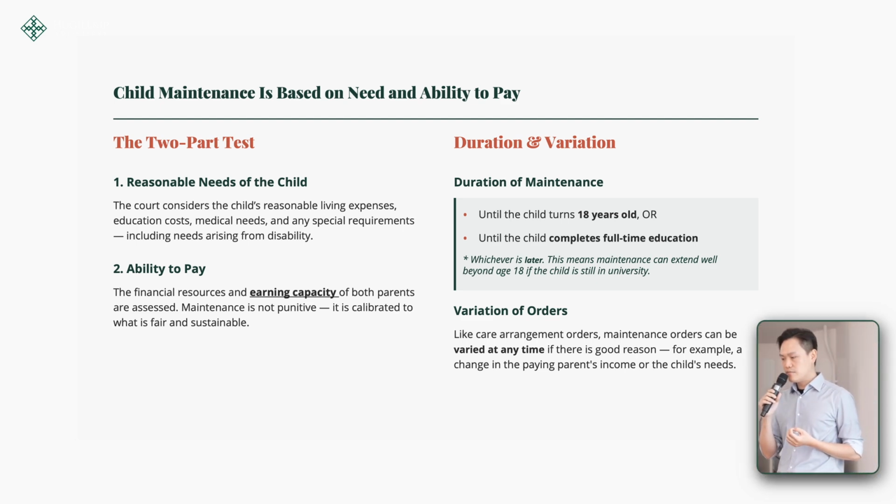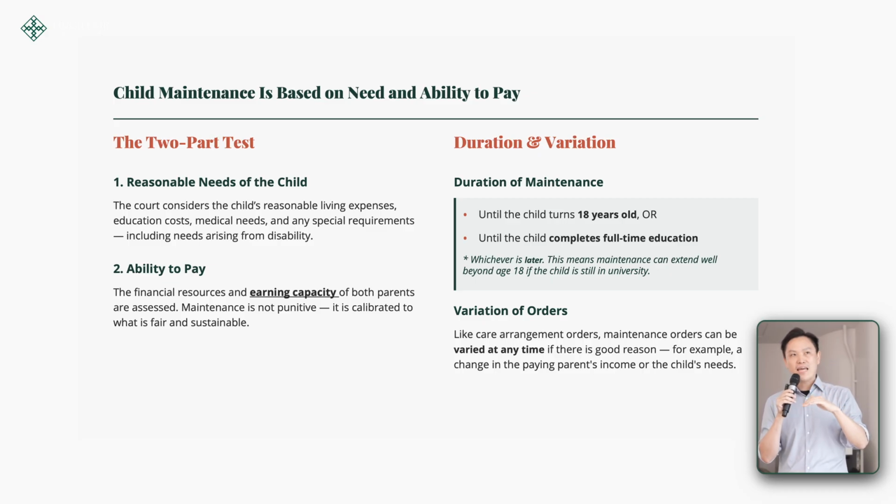So it's not rocket science, though. It's very difficult to say what would be the reasonable needs. And as I said, because kids age, their needs change. So this also varies. But for this particular purpose, I think we just need to keep in mind that reasonable needs is likely with reference to the standard of living.